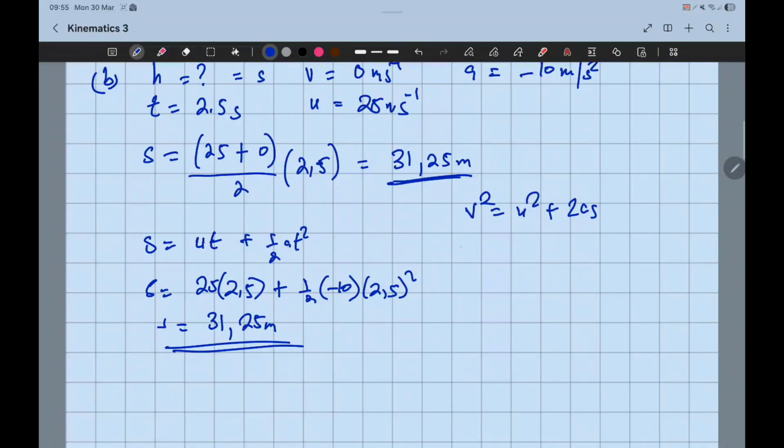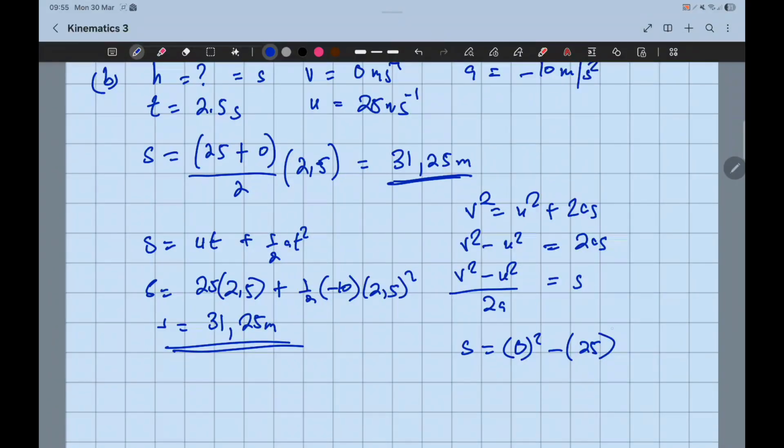Given the equation V squared equal to U squared plus 2AS, which is V squared minus U squared equal to 2AS, S equal to V squared minus U squared over 2A. So V reduces to 0 squared minus 25 squared, all that over 2 times negative 10.